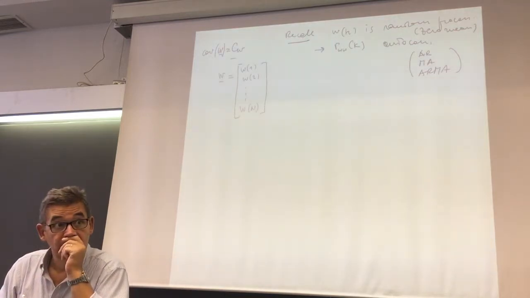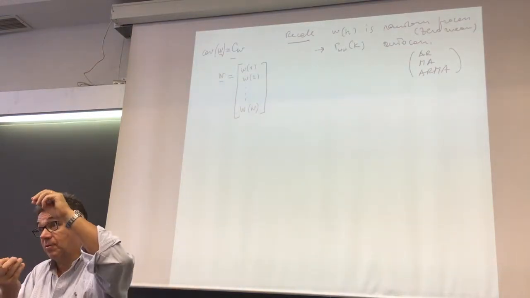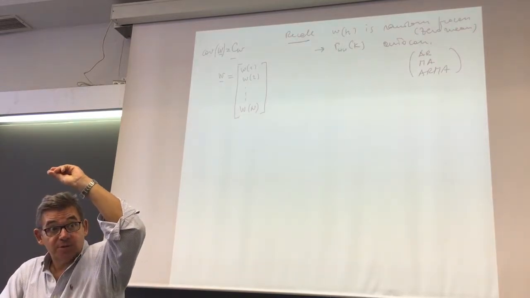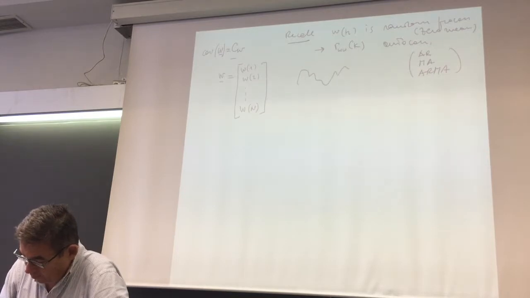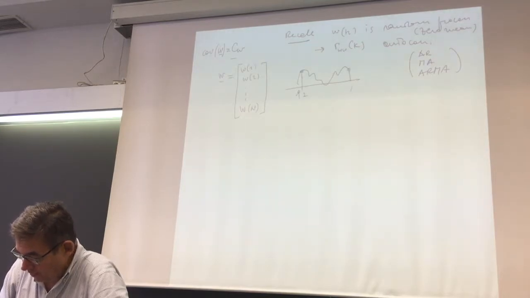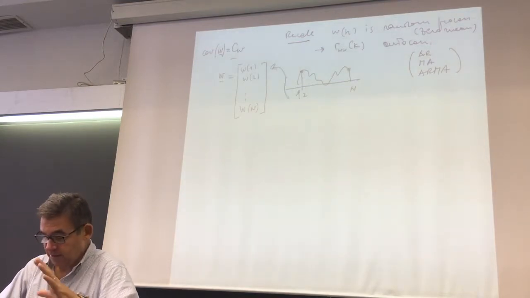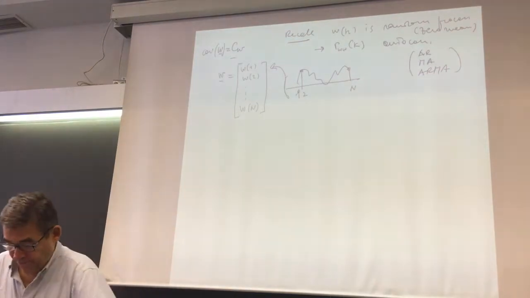So this means that the vector W, which is the vector noise, stacks n samples. These are n samples of the noise: sample 0, sample 1, sample 2, and so on, up to sample n. So this set of samples is plugged into a column.